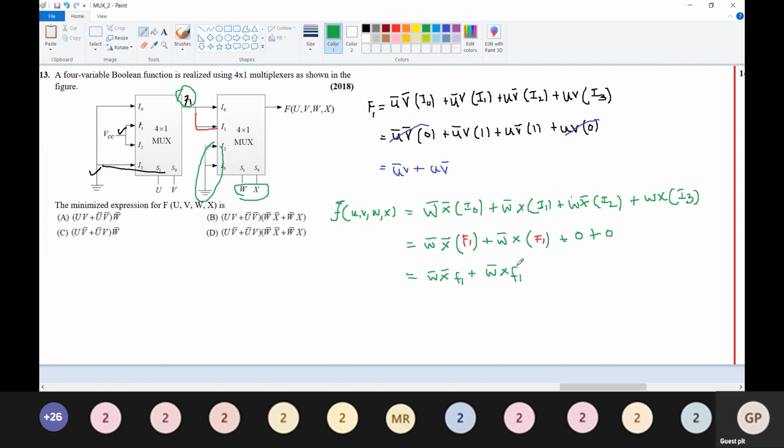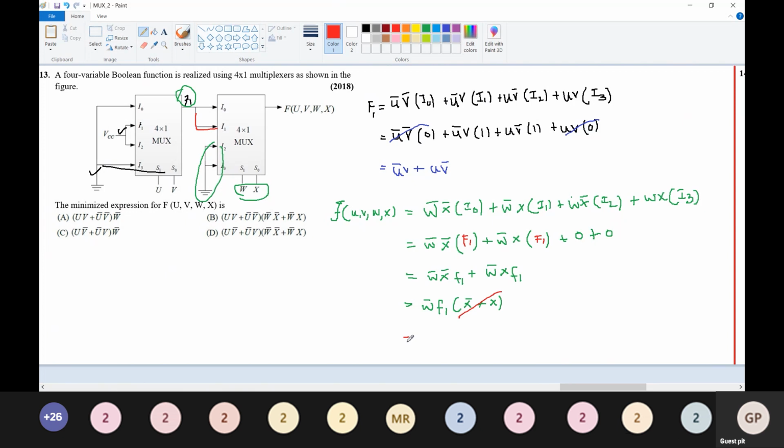Check if any terms have anything in common. W dash and F1 are common here. So we write W dash and F1 taking common, which leaves X dash plus X. X plus X dash is equal to 1.